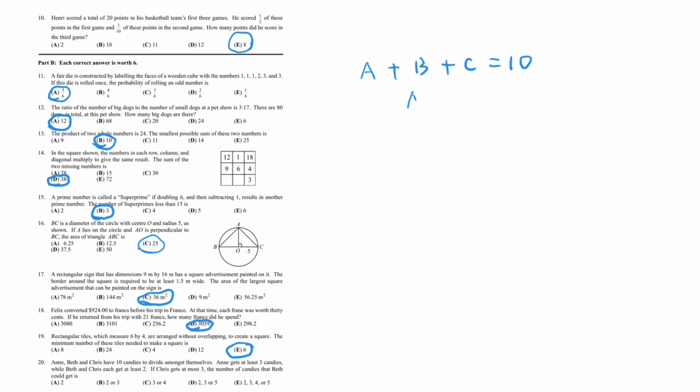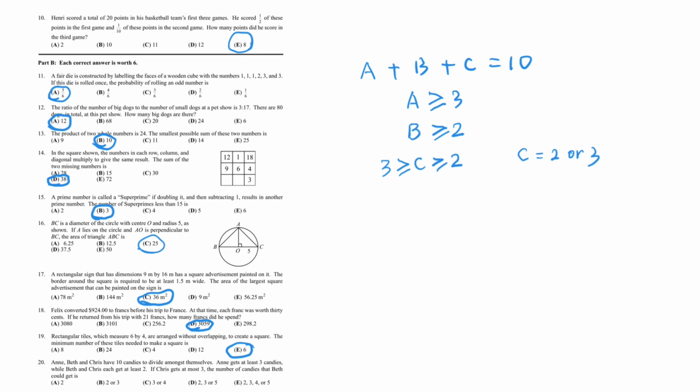A gets at least 3, so A is greater than or equal to 3. B is at least 2, so B is greater than or equal to 2. C is also greater than or equal to 2. But another given is that Chris gets at most 3, so C is less than or equal to 3. That means C can be 2 or 3.